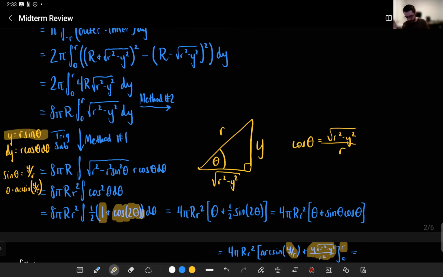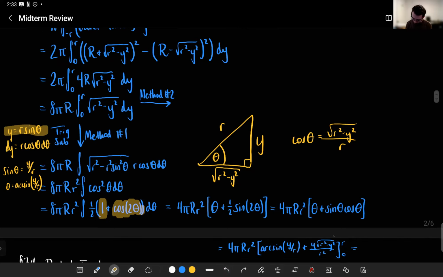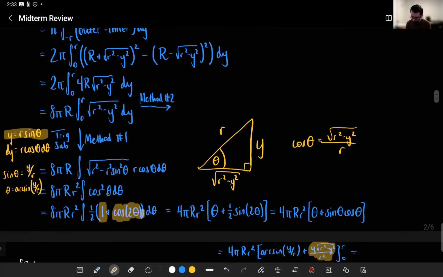So I just get a pi over 2. If I plug in 0, I get arcsine of 0, which is 0. And if I plug in 0 to this one, I get 0 again. So a lot of things turn into 0 except for that pi over 2.